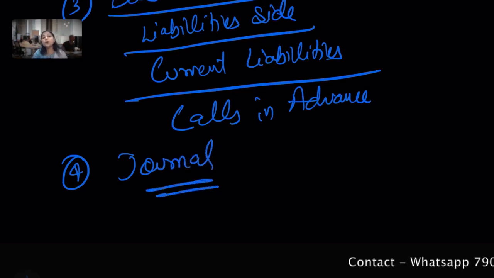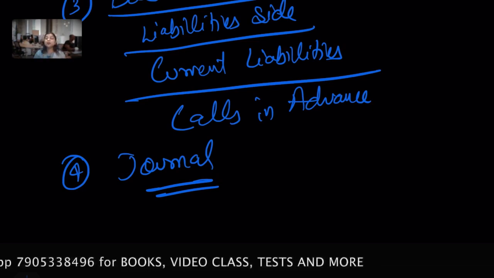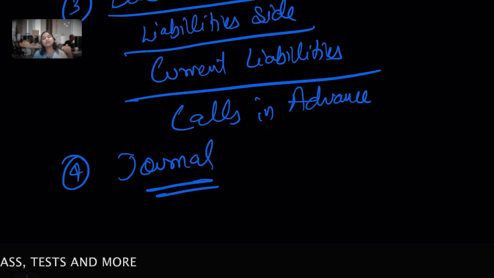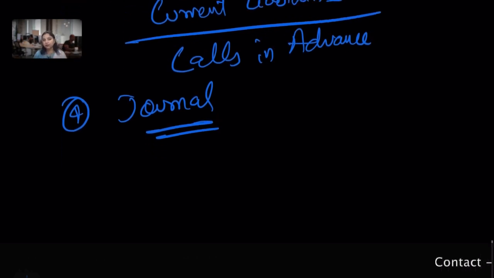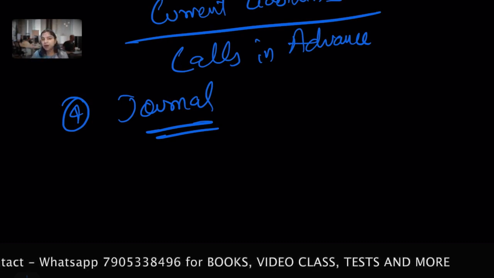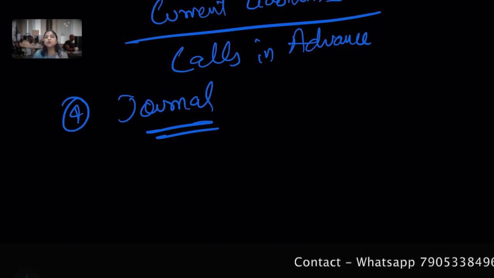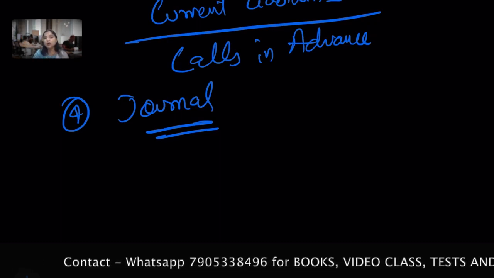So it's very important to understand the journal entry. Okay, so I told you it's calls in advance. It may be against any share allotment, it may be against the first call, second call, it can be on anything. Okay, so I received the advance, suppose you paid me advance during the time of application. Okay, so I have to transfer that amount to calls in advance.